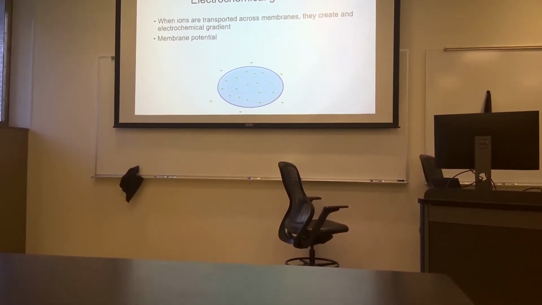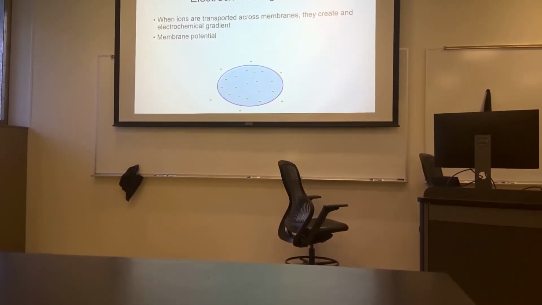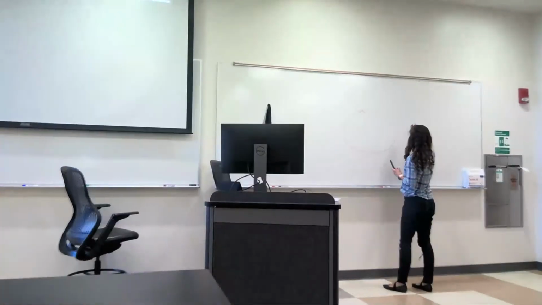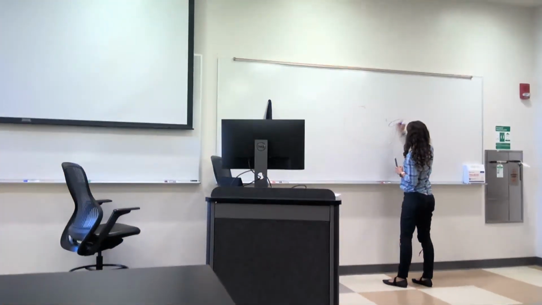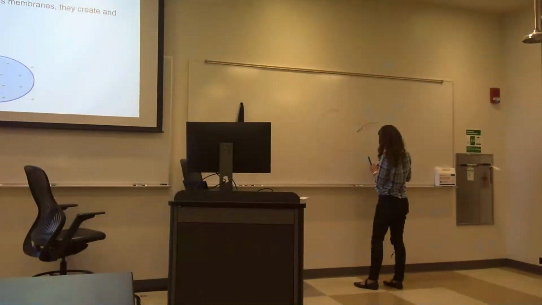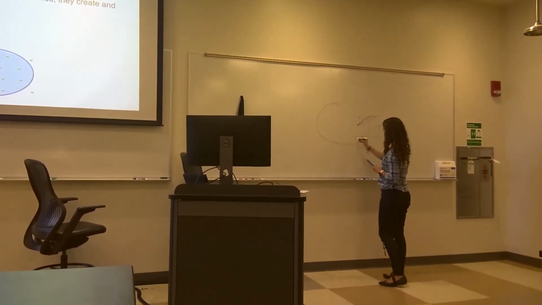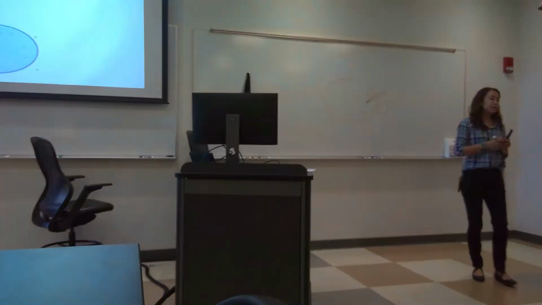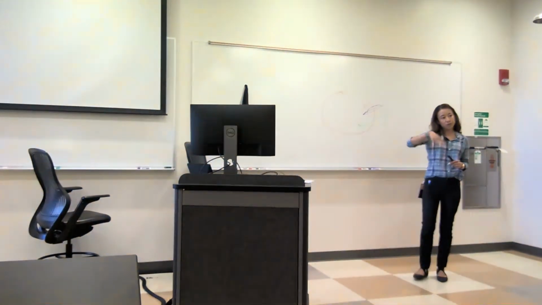Channels only work by diffusion, so they need a concentration gradient. If you have a cell and you're trying to get these ions through a channel, then your concentration gradient has to be favorable: higher here, lower here, and then you can use a channel. Even if the channel is open, if the concentration gradient is unfavorable, nothing is going to be moved through the channel.